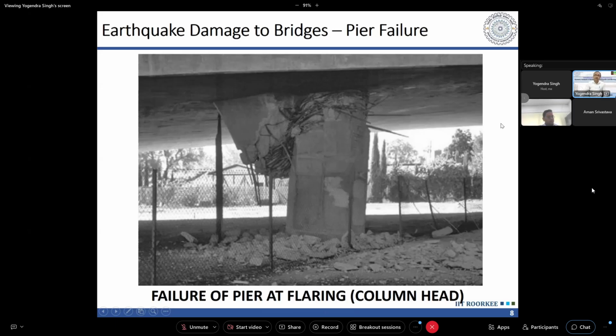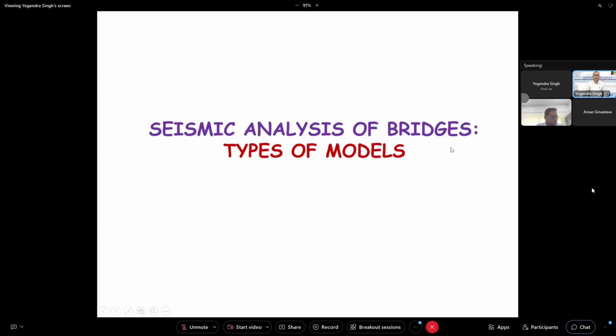So when the pier has this type of behavior, it is important to model that. Based on this understanding of the behavior, let us see how we can analyze and model the bridges for earthquake and also for moving load.